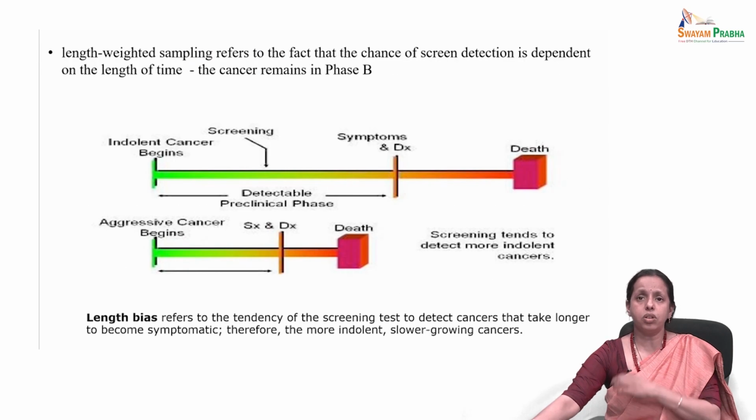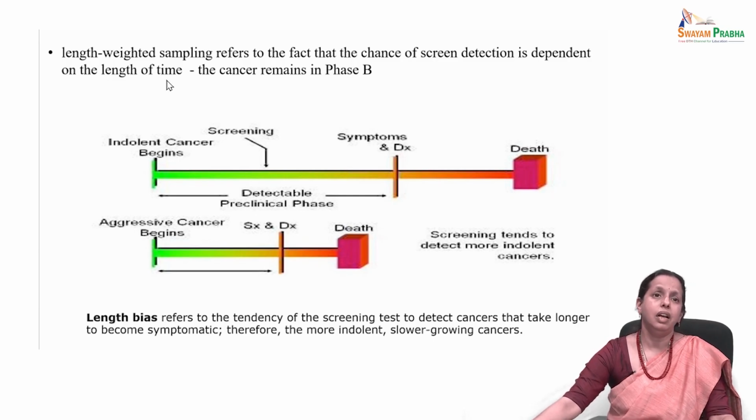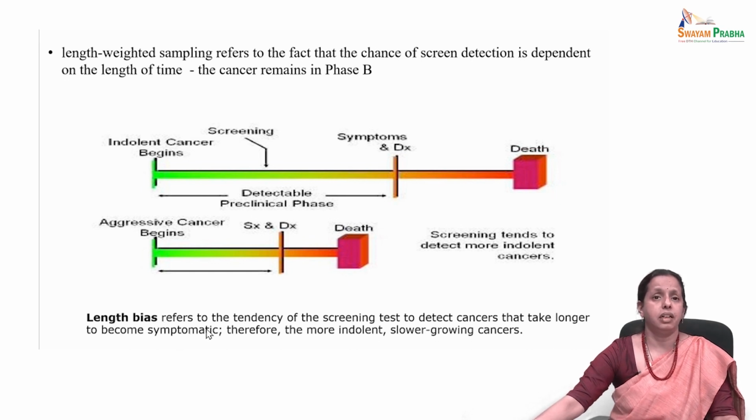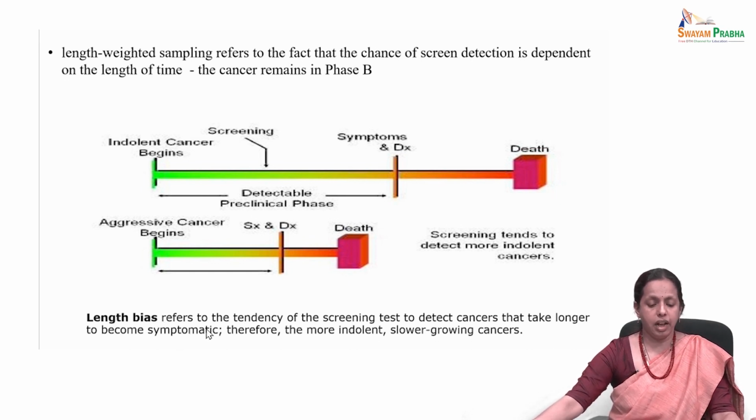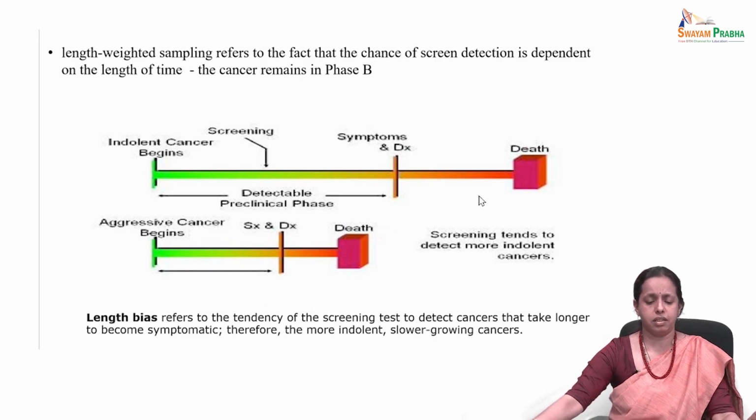Next comes length weighted sampling, which refers to the fact that the chance of cancer detection is dependent on the length of time the cancer remains in phase B. It refers to the tendency of the screening test to detect cancers that take longer to become symptomatic. Therefore, the duller, slower growing cancers tend to become symptomatic only in the later stages.